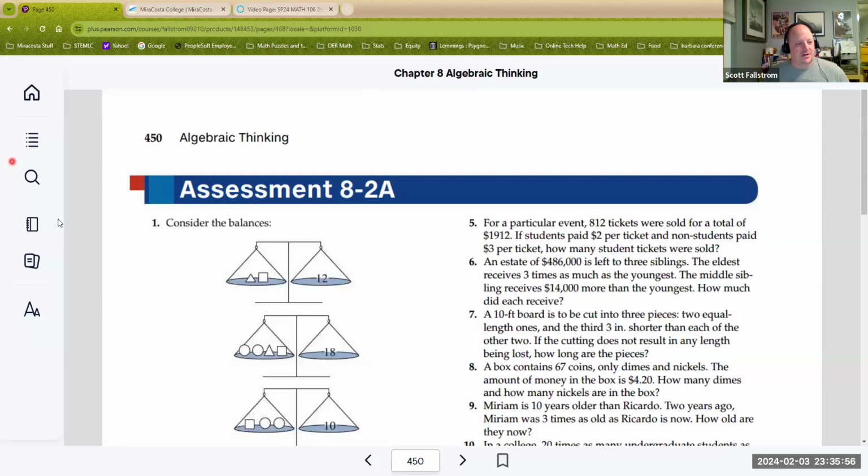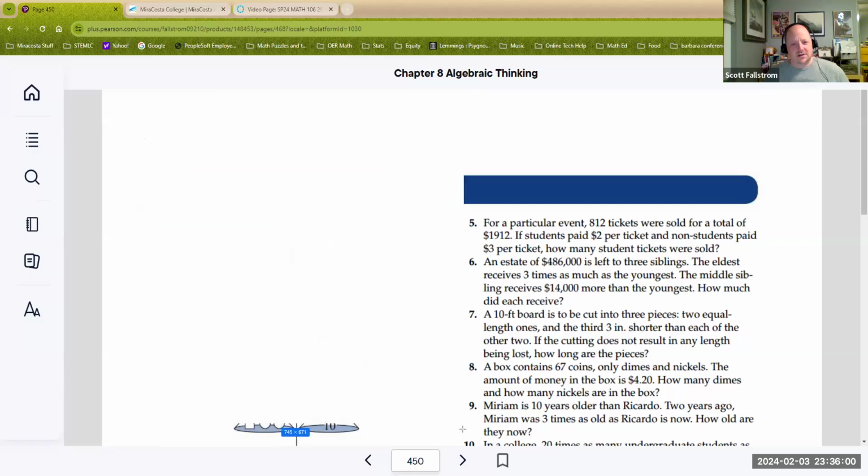Number 5, what would I do? I would say, well, wait a minute, number 5, ooh, gosh, that looks really intense. Maybe. Or maybe it's a super, super fast problem because I'm not going to freak out about it, right? Think about this. You have tickets. Tickets are either $2 or $3.